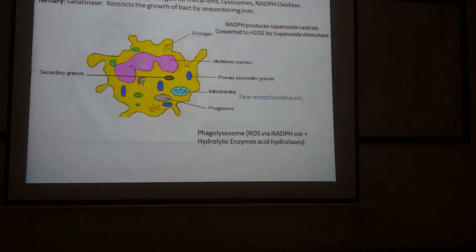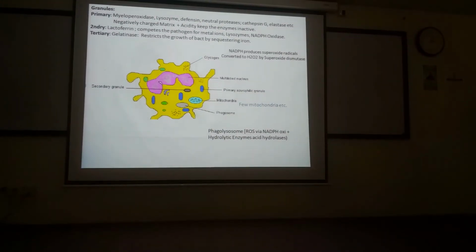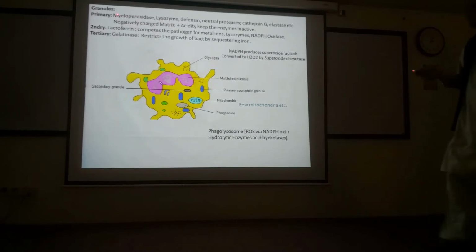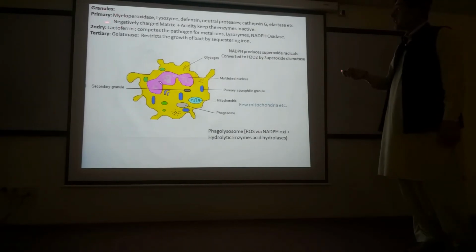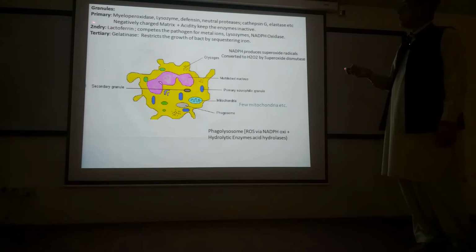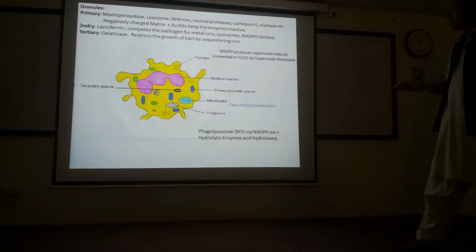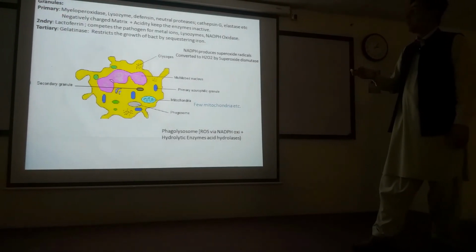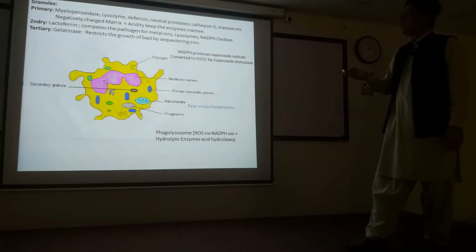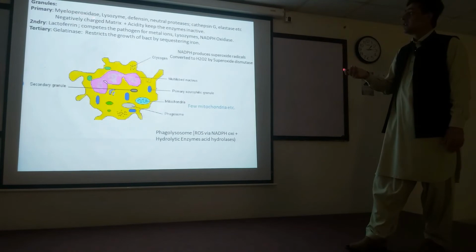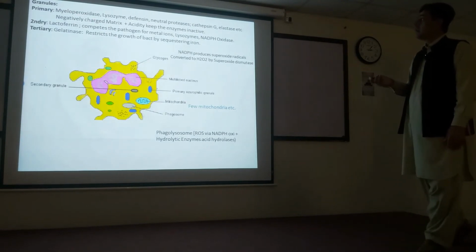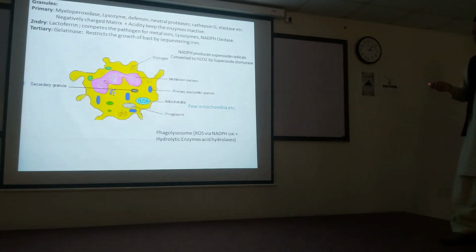Okay, so there is no refilling in the case of neutrophils. But anyway, the granules contain different types of enzymes here. For instance, the primary eosinophilic granules include different enzymes, which include myeloperoxidase, lysozymes, defensins, some neutral proteases like cathepsins, elastases, etc.